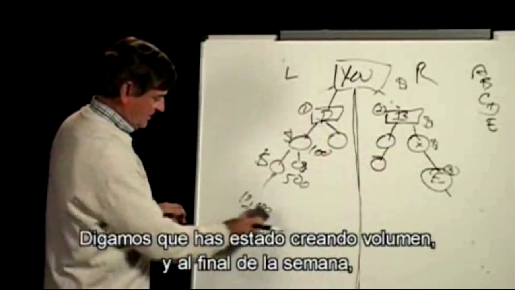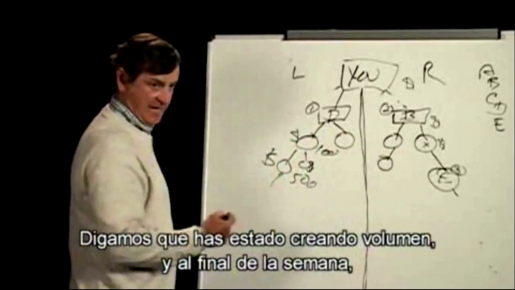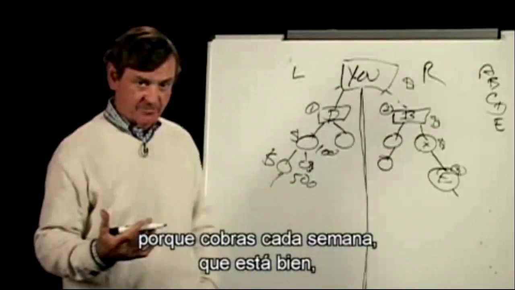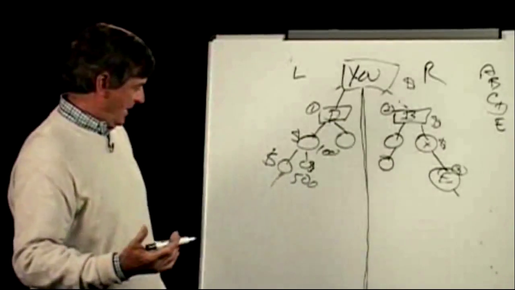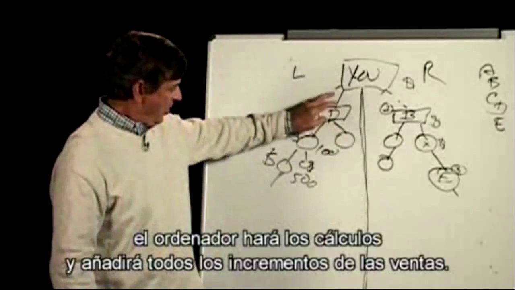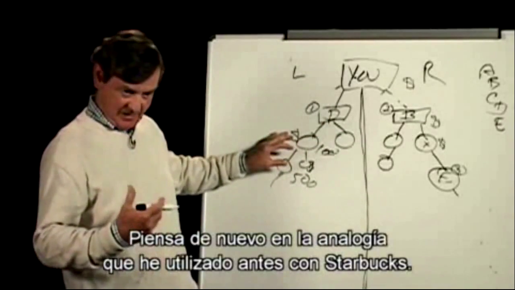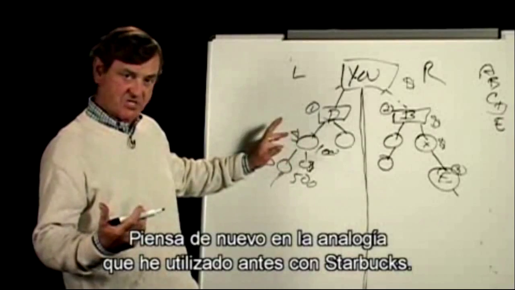Well, let's just say in this example that you've been building volume, and at the end of the week, because you get paid every week, which is kind of cool, the computer is going to go through here and add up all of the little increments of sale. Think again of the analogy I used before about Starbucks.